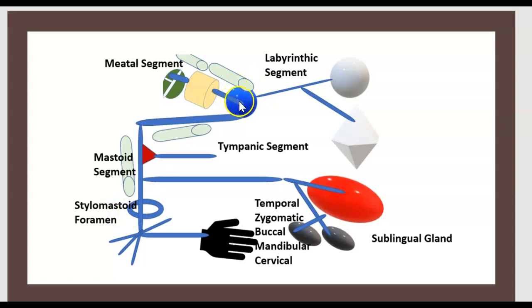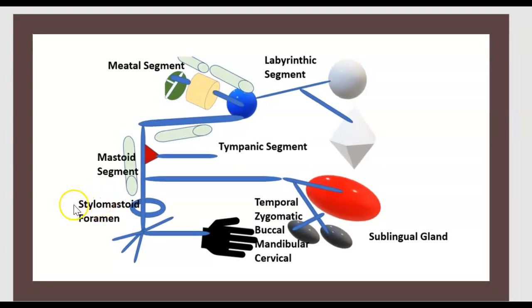From the geniculate ganglion, the greater petrosal nerve goes to the lacrimal gland. Branchiomotor fibers go to the stapedius muscle, then the chorda tympani to the sublingual and submandibular glands. The muscles of facial expression are reached through the stylomastoid foramen.